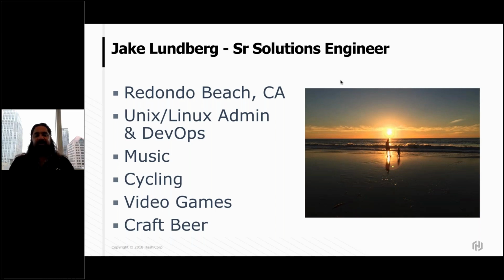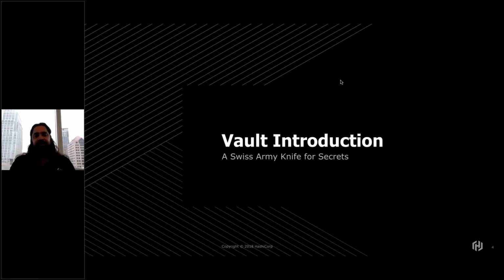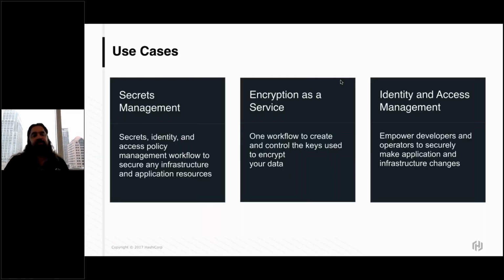Okay, great. So just a brief introduction for Vault. I consider Vault a Swiss Army knife for secrets. There's a lot of things within the secret domains, but Vault is extremely flexible, and here's an idea of our major use cases. The core use case that most people know about, of course, is secret management, so any of our static secrets or dynamic secrets and identity and access policies around accessing those secrets.